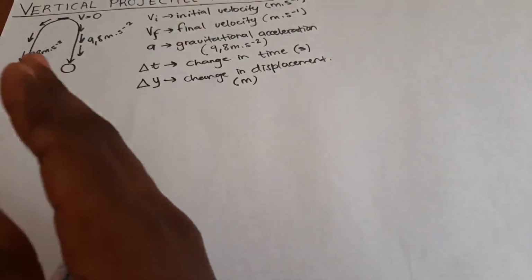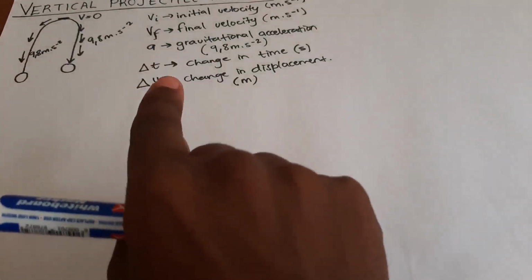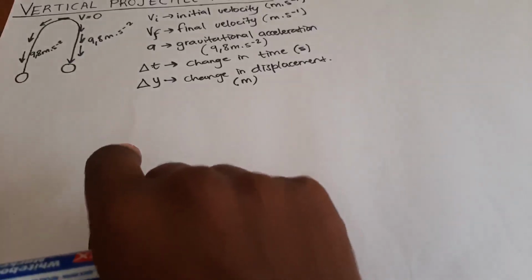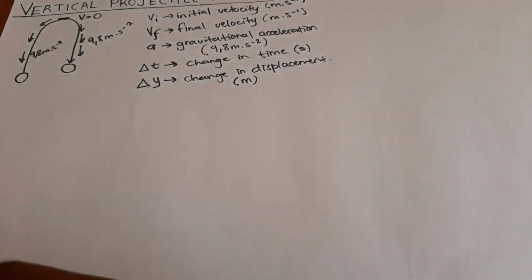But please know, when it comes to substituting, you have to look for the necessary variables. They must be there. If you want to calculate the initial velocity, you have to use a formula that has the presence of initial velocity.